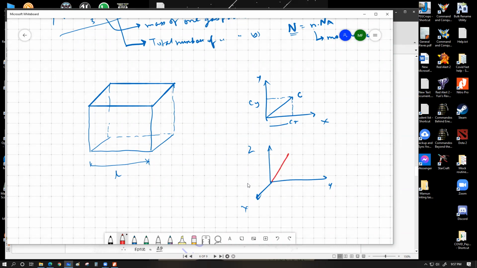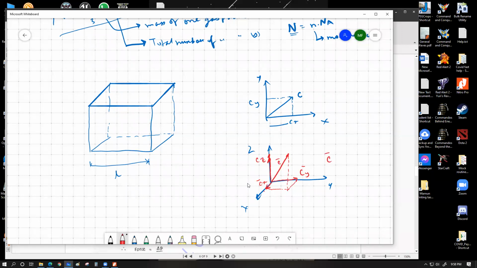So if I try to plot it within this plane with appropriate angles and everything, this is the c vector, this would be our cx component, this part would be our cy component, and this part over here, which is basically equal to this dotted line, would be our cz component.